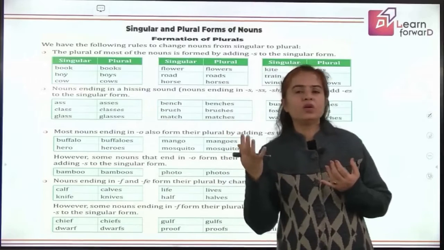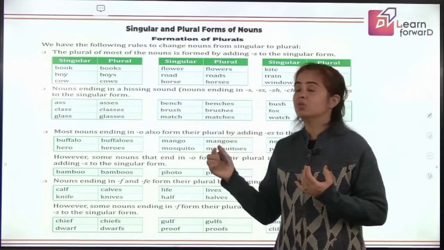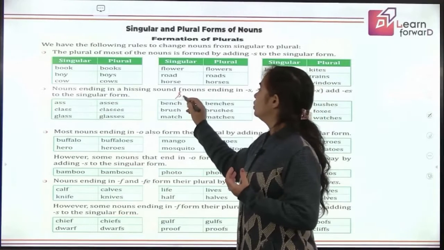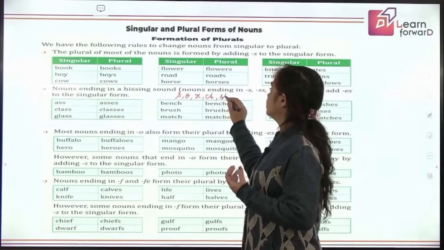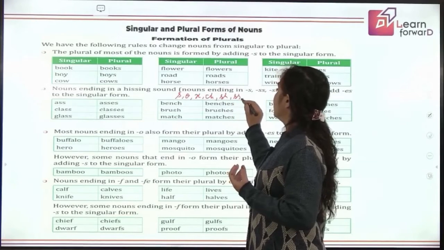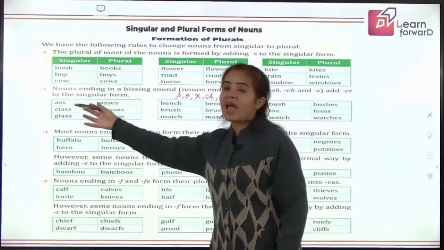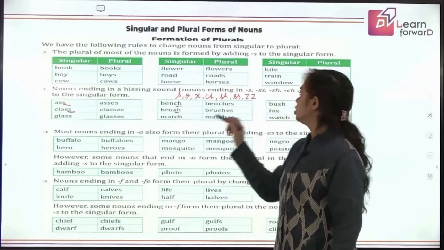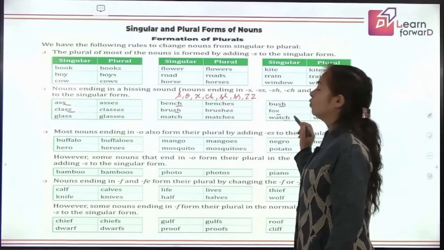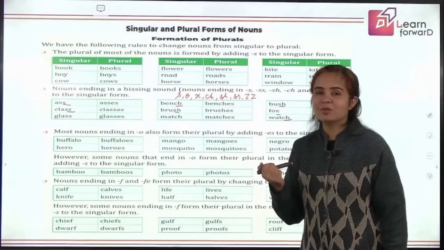You already know where to add es with the hissing sounds, the magic ending sounds: s, x, ch, sh, double s or double z. Like we have class, double s, bench, ch, bush, sh, x here, watch, ch here again. So all these nouns will have es to make them plural.